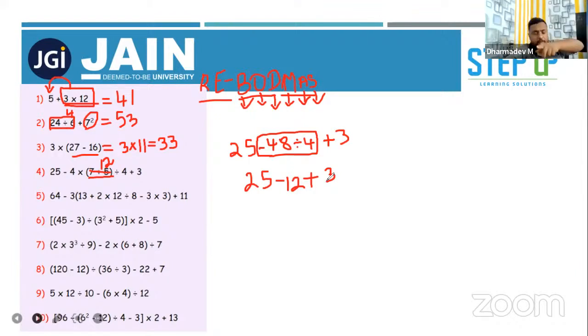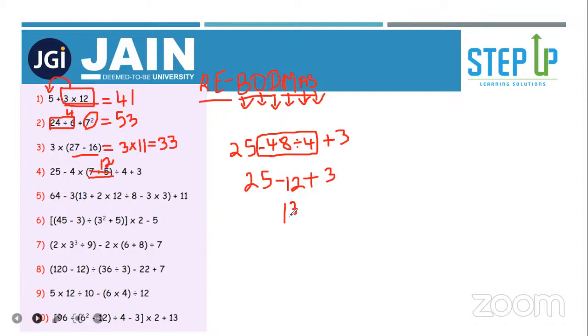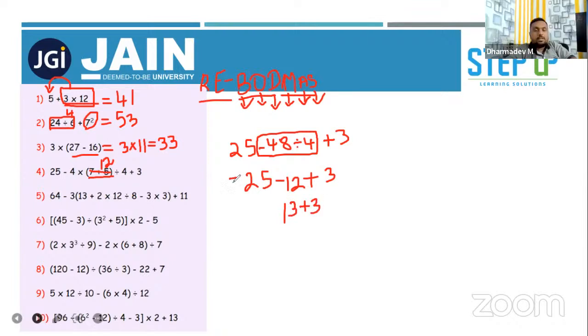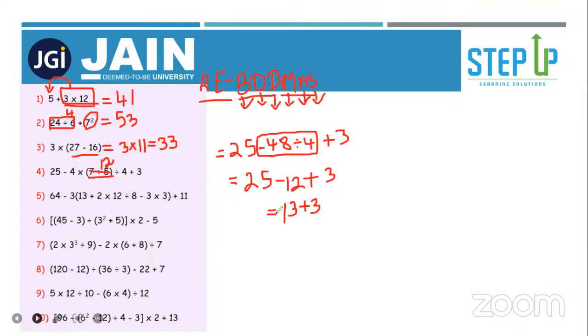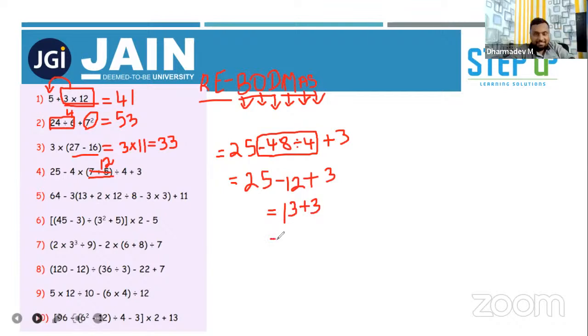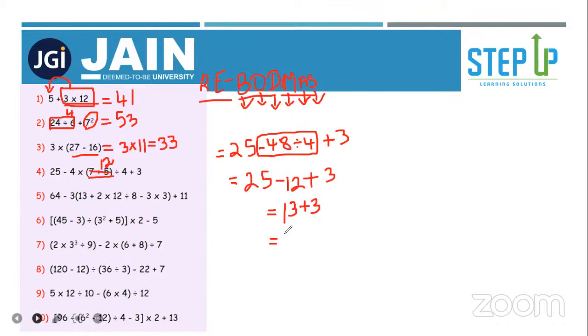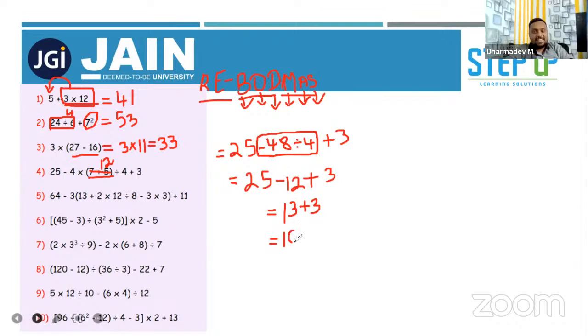You're using your calculator. Am I correct, Laban? Yeah, it is true. Yes, I've used the calculator. You cannot use a calculator. Please don't use it. In your exams, it's not allowed. Okay, 13 plus 3 is 16.